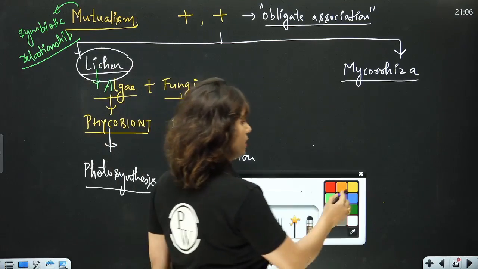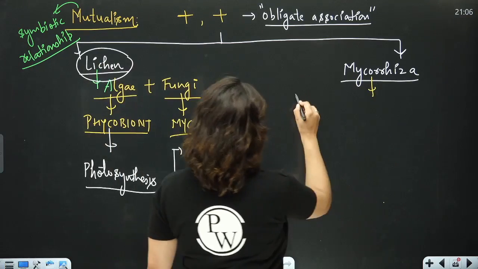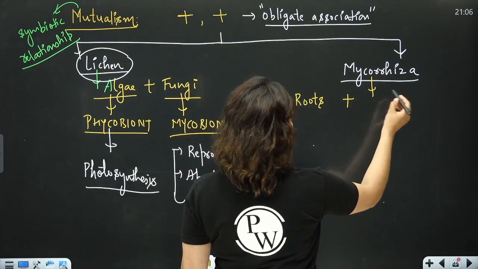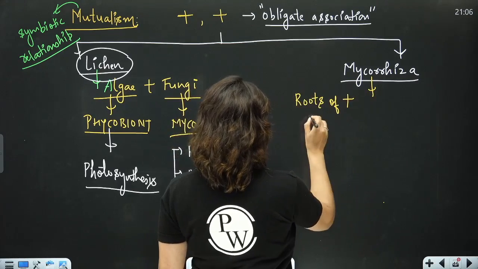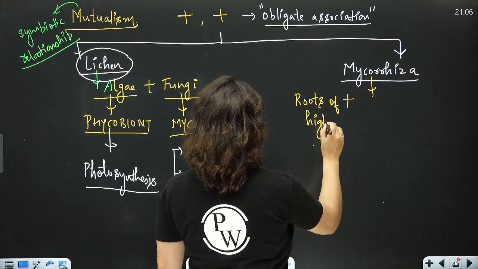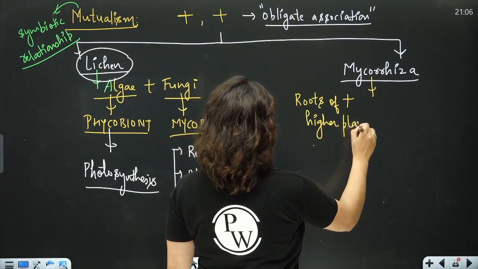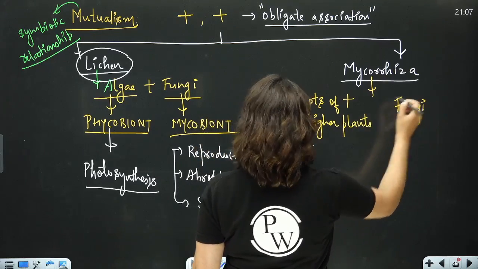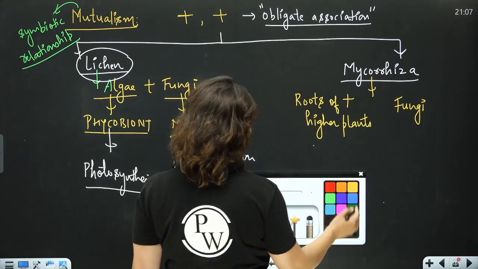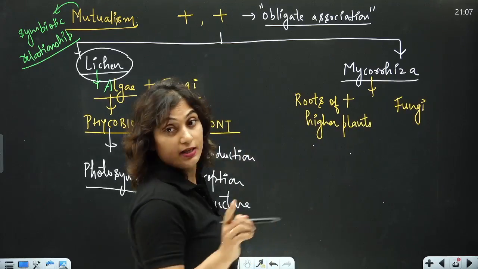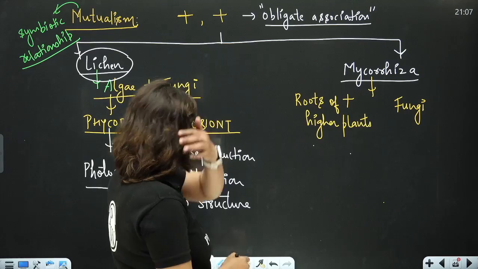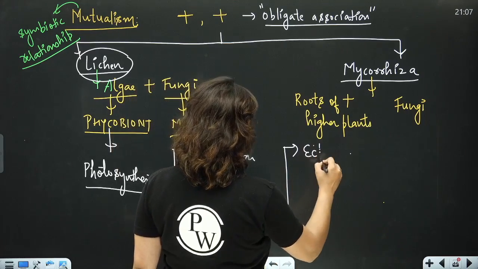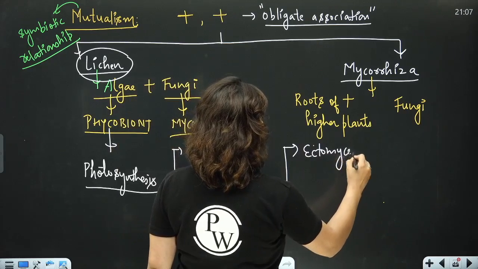Then mycorrhiza. Mycorrhiza is an association of roots of higher plants plus fungi. I have told you this in detail in the lecture of plant kingdom, that there are two kinds of mycorrhiza, ectomycorrhiza and endomycorrhiza.